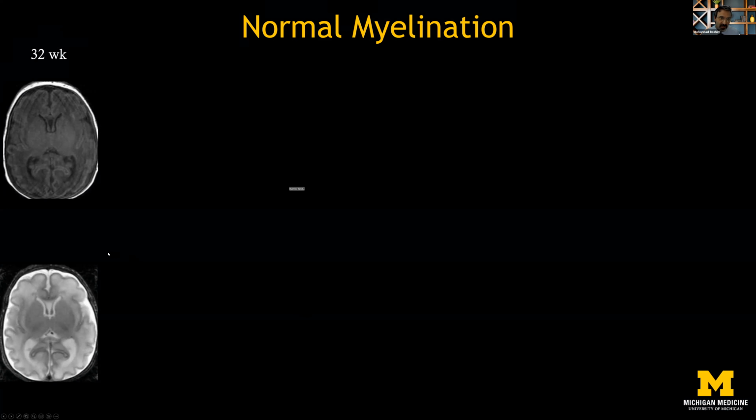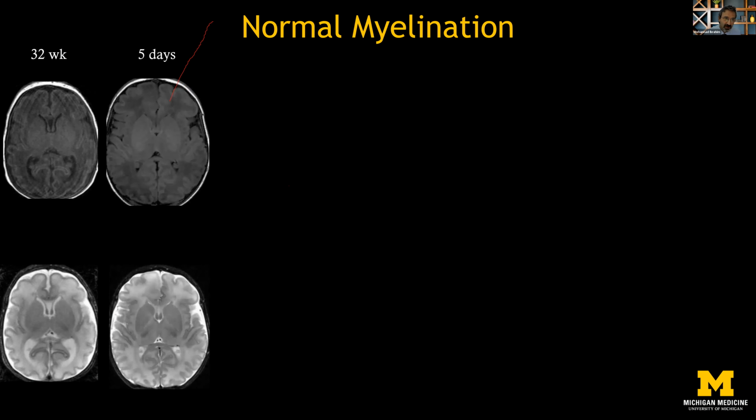This starts very early during development. As a matter of fact, it starts by 32 weeks of gestation with myelin laying in the brainstem. We see very little myelination in the supratentorial brain parenchyma.